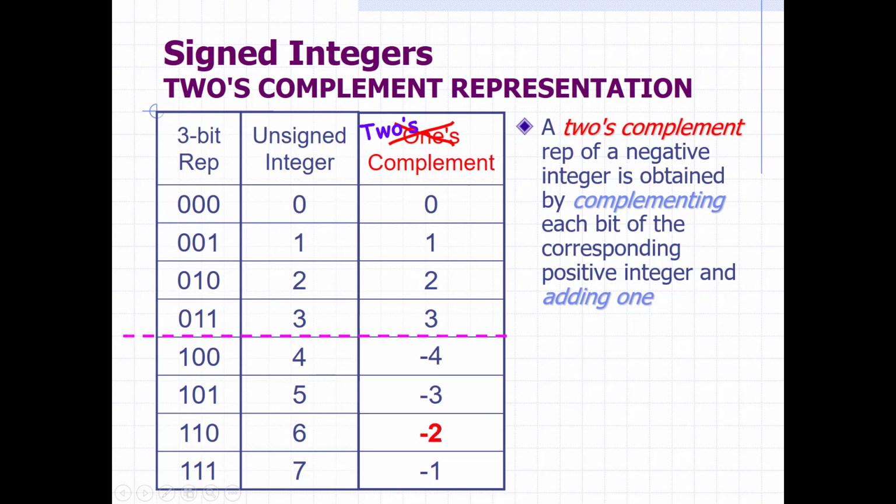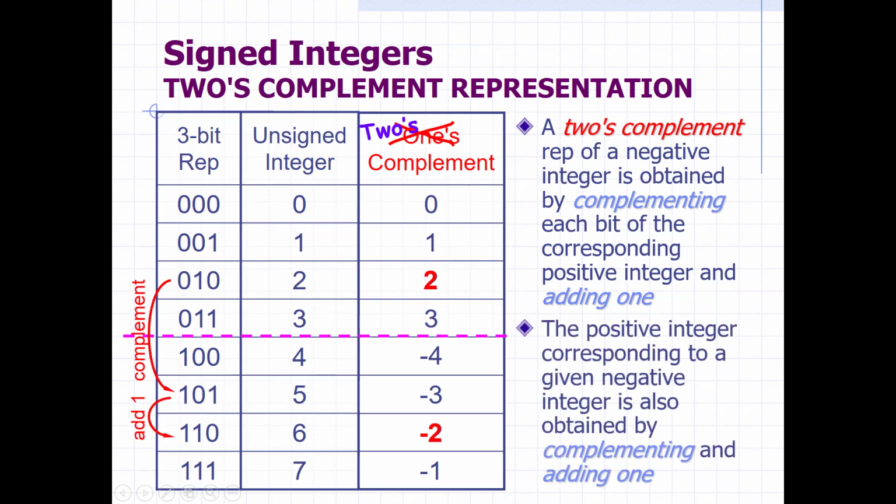So a little animation coming here. The relationship between +2 and -2. I flip the bits of 2, and then I add 1 to this string, and that gives me where -2 should be. And if I want to go backwards, if I have -2, I can just flip the bits and then add 1, and I know that its corresponding value is +2.